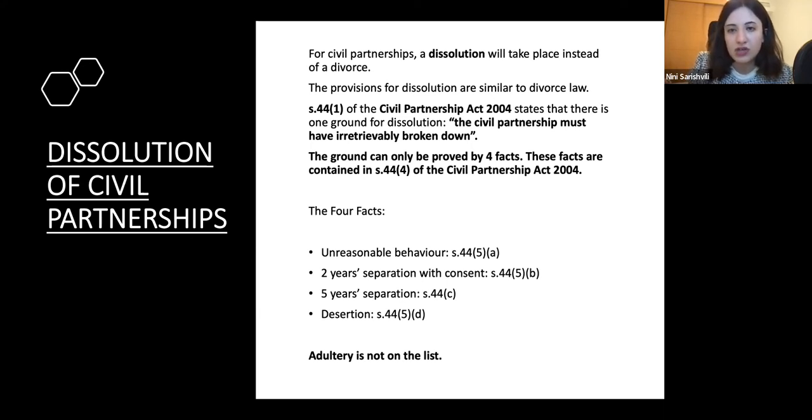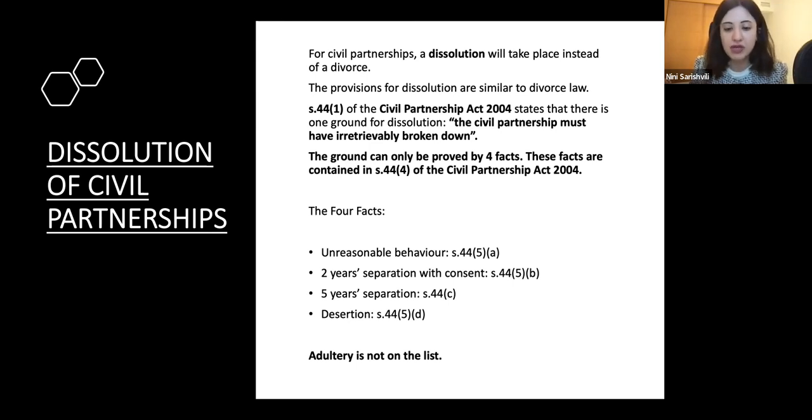In section 44 of the Civil Partnership Act 2004, there is one ground for dissolution of the civil partnership, which is irretrievable breakdown, exactly like it is for marriage. But for the other grounds, instead of 5 grounds for divorce, here we have 4 grounds. As you can see, there is no adultery. And why is there no adultery?